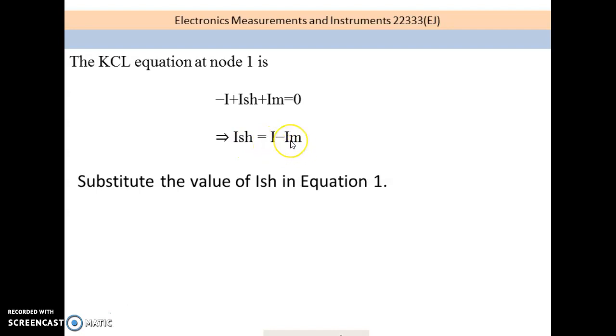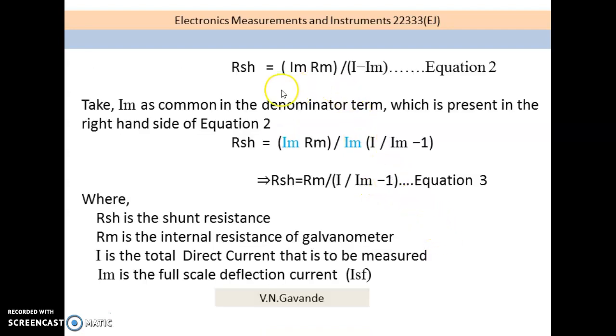Both these values are known, and we substitute this in equation number 1. Now RSH equals IM RM divided by I minus IM. That is equation number 2 after substituting the value of ISH. Now take IM common in the denominator on the right hand side of equation 2.